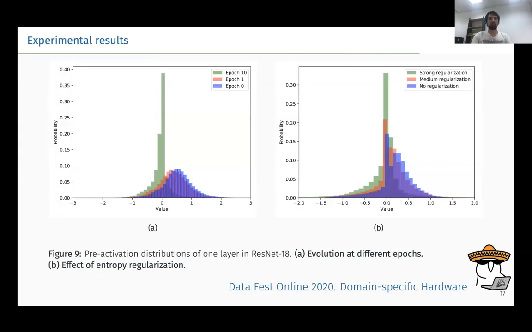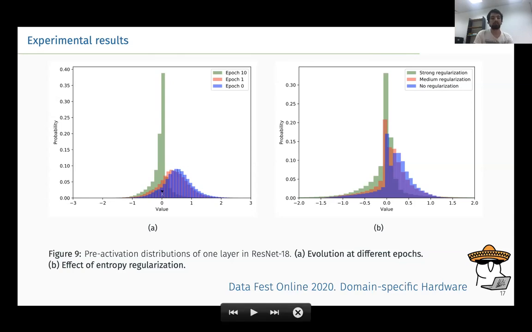And adding it as a regularization to the loss function allows us to reduce the entropy. On the left, you can see the distribution as a function of time with entropy regularization, and we start from a pre-trained network and fine-tune it with this regularization.